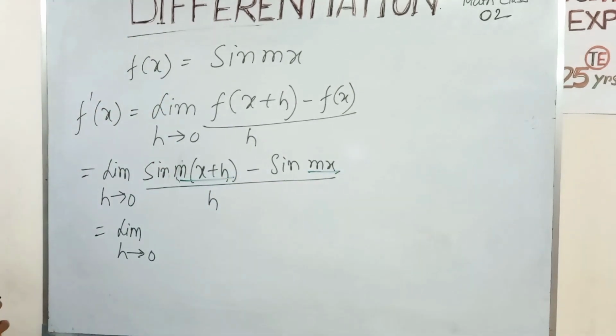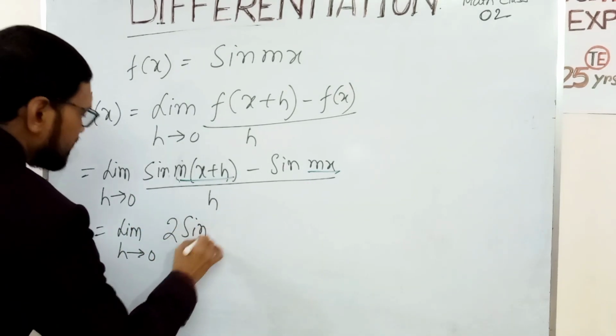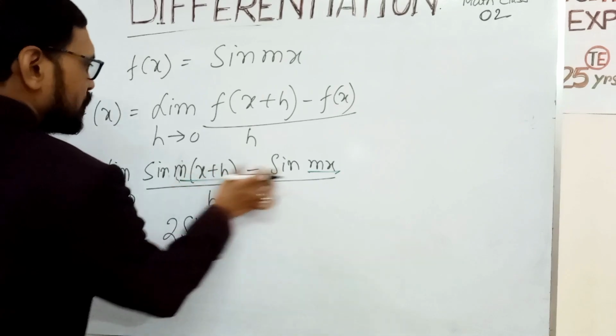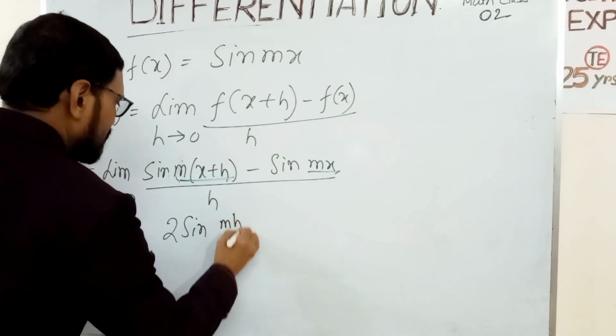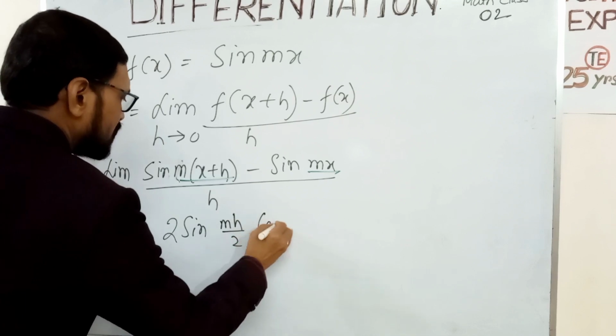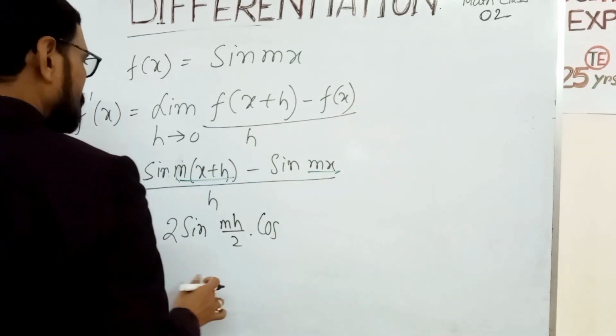The sin c minus sin d formula is 2 sin of (c minus d) by 2, this minus this by 2, that is mh by 2, into cos of (c plus d) by 2, this plus this by 2.